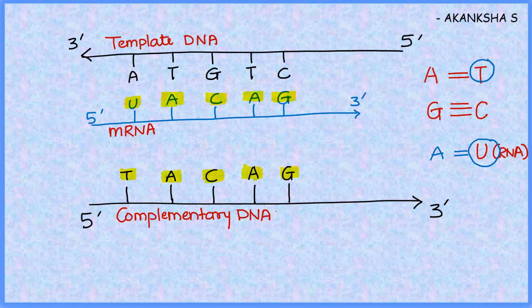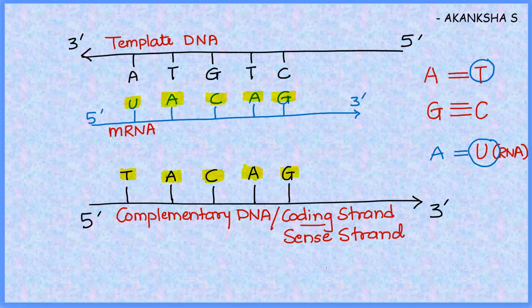So the complementary strand is also called the coding strand, or sense strand. Now one might say it is not the strand that was used to make RNA, still it is called coding. It's because your RNA is almost similar to your complementary DNA.